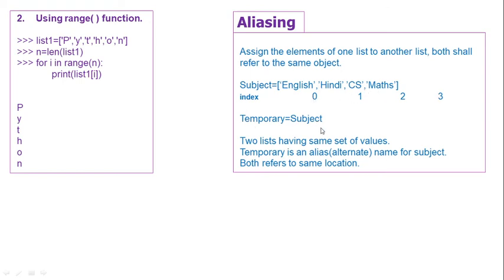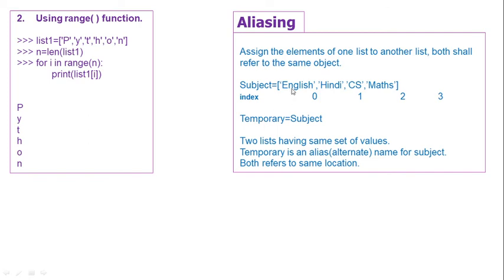Then temporary equals subject. Subject is the original name, and with temporary equals subject, subject is assigned to temporary. Subject is a list and all the elements of the list subject will be assigned to temporary.